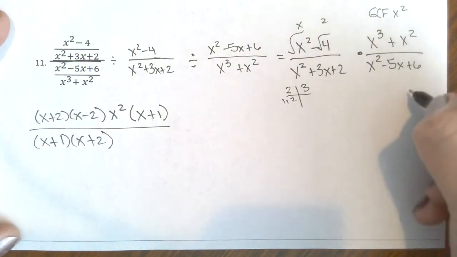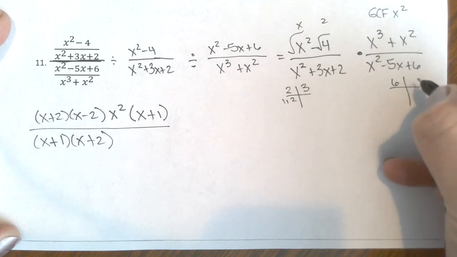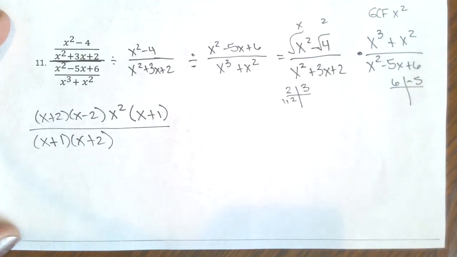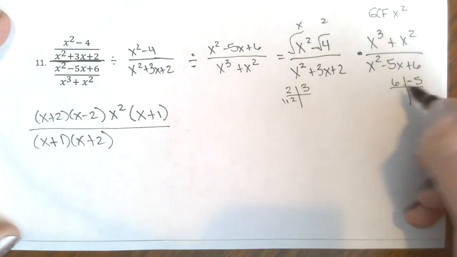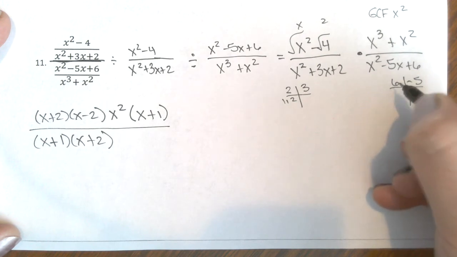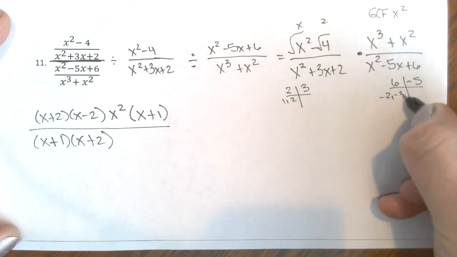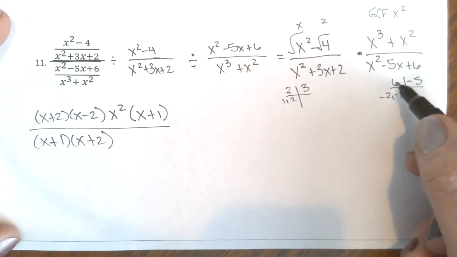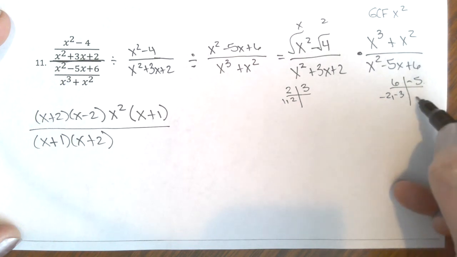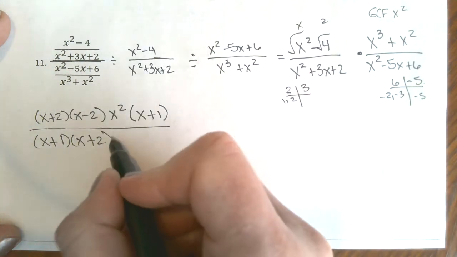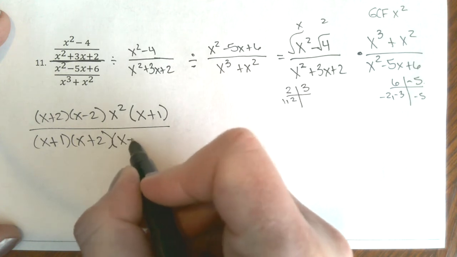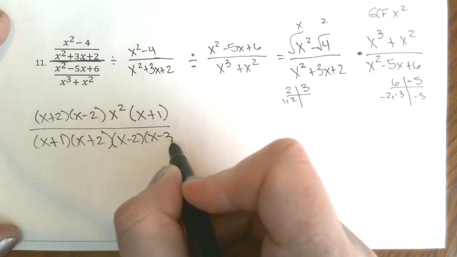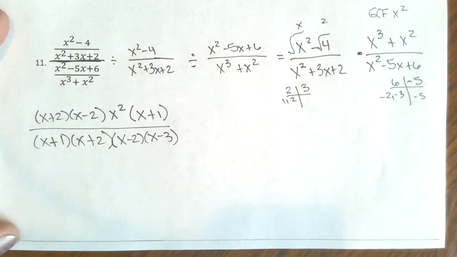And then this trinomial, I need factors of positive 6 that add up to negative 5. Well, the only way that's going to happen is if they're both negative. And so negative 2 times negative 3 equals positive 6, and that adds up to negative 5. So that factors as x minus 2, x minus 3.